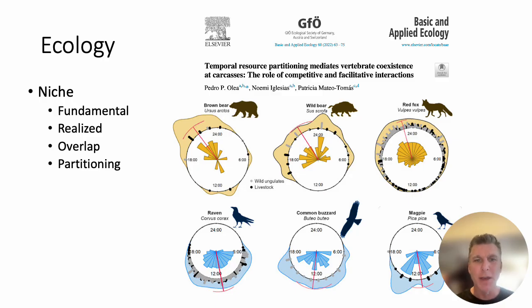And what these authors found was that the carrion eaters among birds tended to operate during the day, and the carrion eaters among mammals tend to operate at night. And this allowed them to avoid each other in terms of competition for the carcass, but then also in terms of any extra predation that might be happening. So they're partitioning that food niche and doing it in a temporal way.